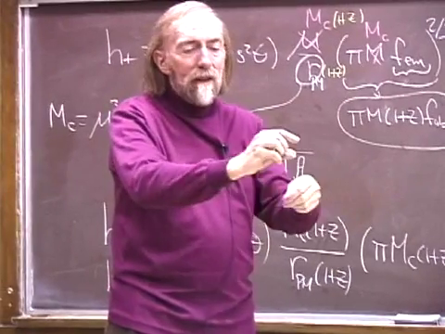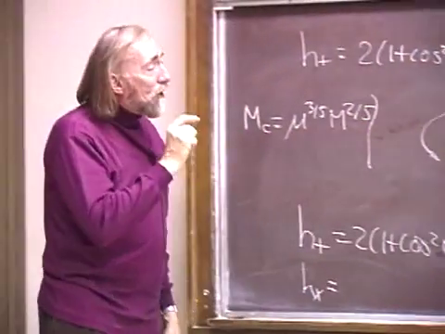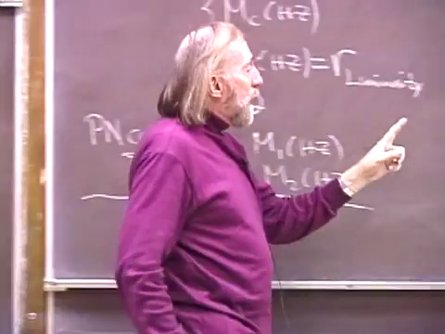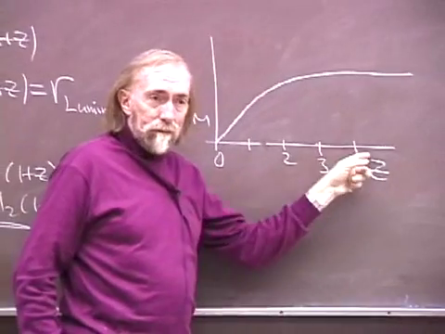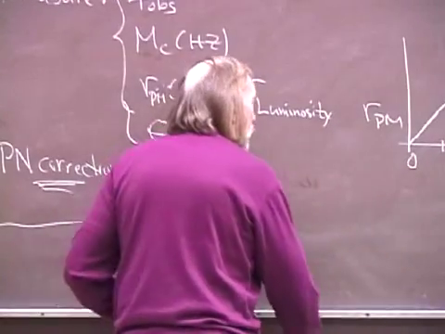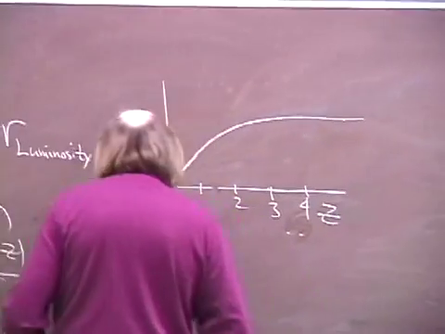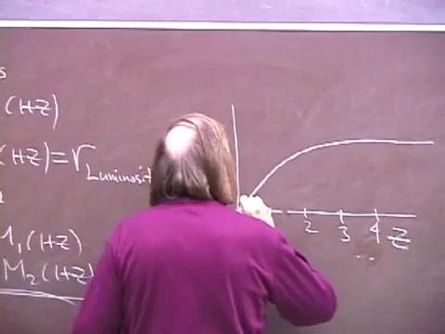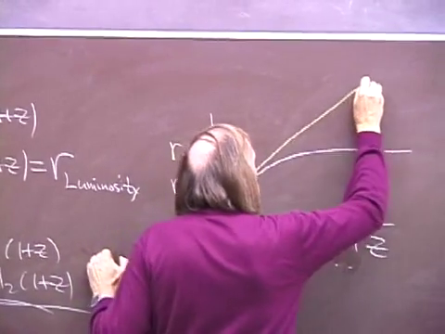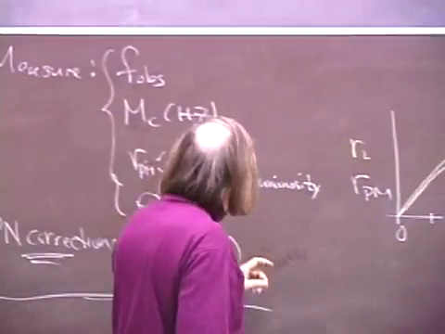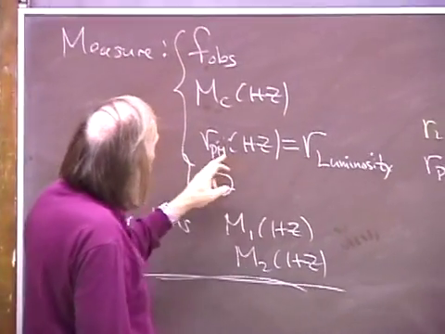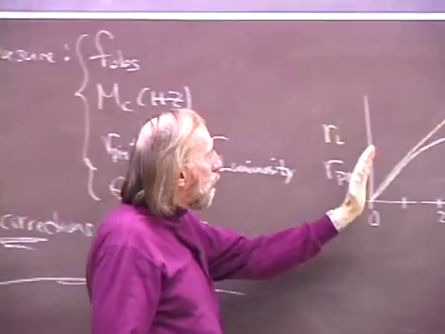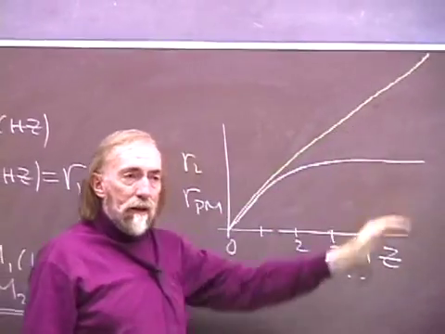We traveled for only a tiny fractional increase in distance, but that corresponds to a rather big difference in redshift. And so it's for that reason the proper motion distance flattens out, whereas the luminosity distance rises and keeps going linearly. Since luminosity distance goes as a proper motion distance times 1 plus z, it's got to keep going linearly. It'll have some curvature in here, but then wind up going linearly in the end.